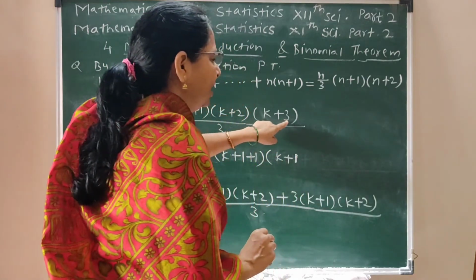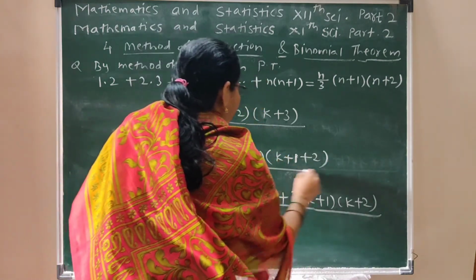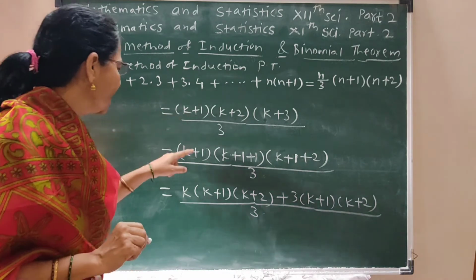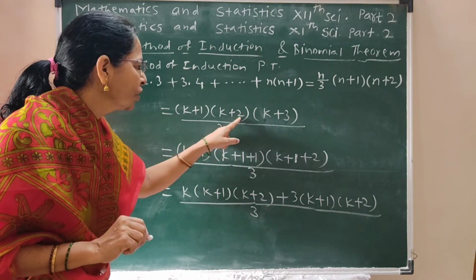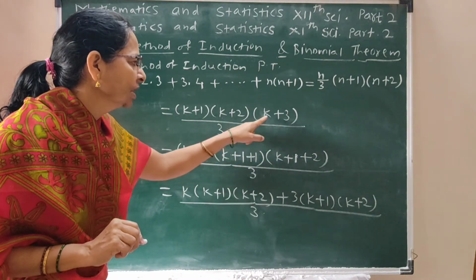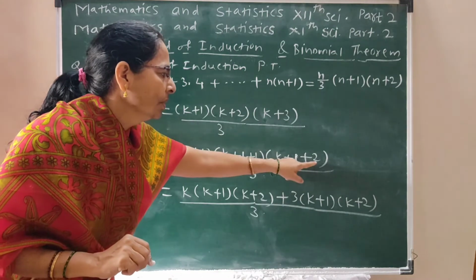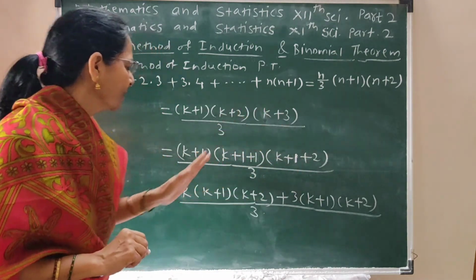Here is 3, so plus 2 is there, divided by 3. First term as it is. Split k plus 1, here is 2, therefore plus 1. Split k plus 1, here is 3, so plus 2. K plus 2 is here, k plus 3 is here.